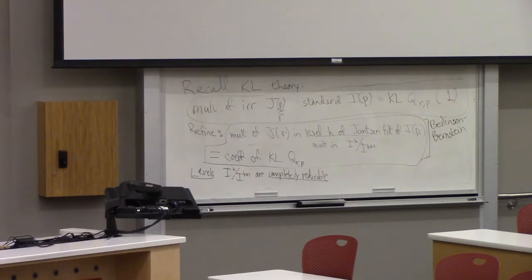Remind me, isn't that enough to say that they're completely reducible? No. You can have a non-degenerate form on a representation that fails to be completely reducible, but it isn't easy.